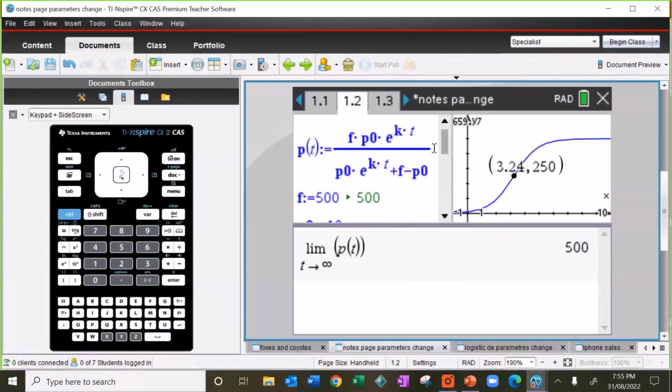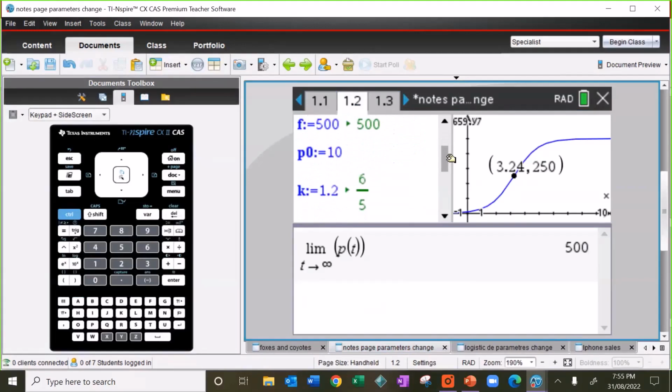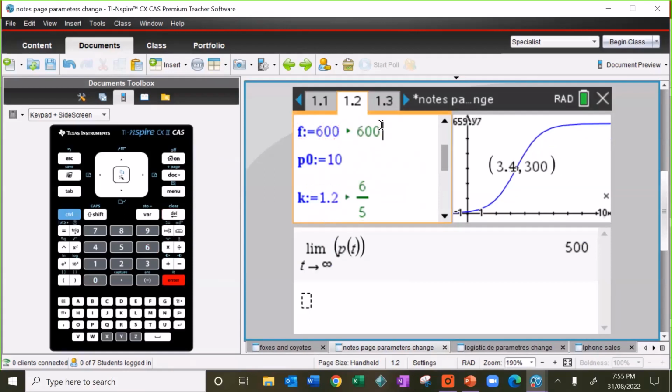So we write our general solution to the differential equation, and we vary the constants F, P0, and K. So let's say I had it 500, but sorry, if I change this to 600, so I can see straight away what happens to the graph.